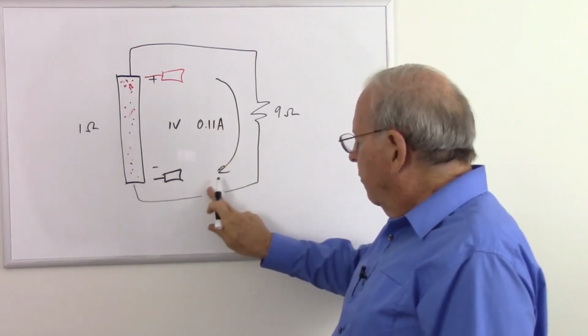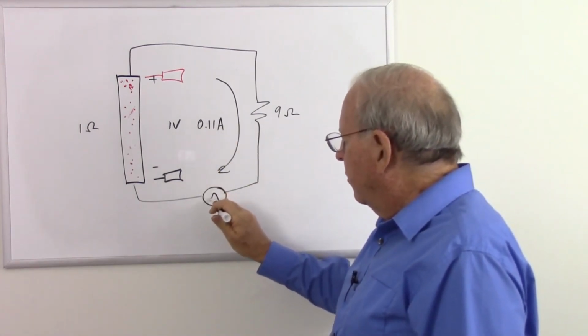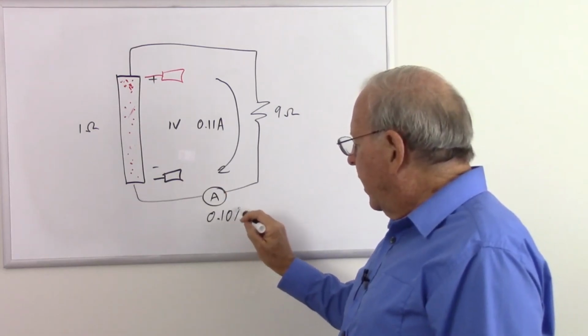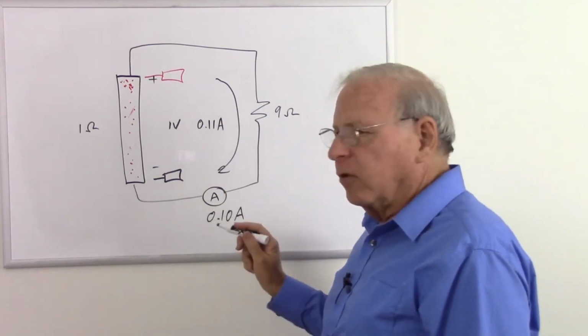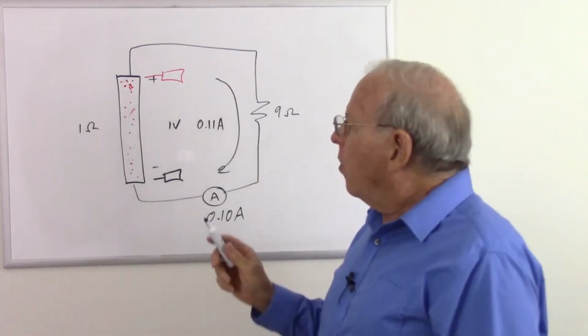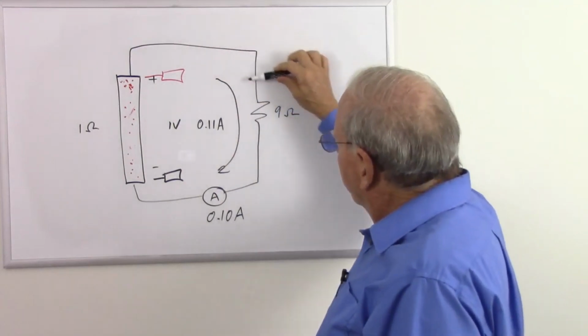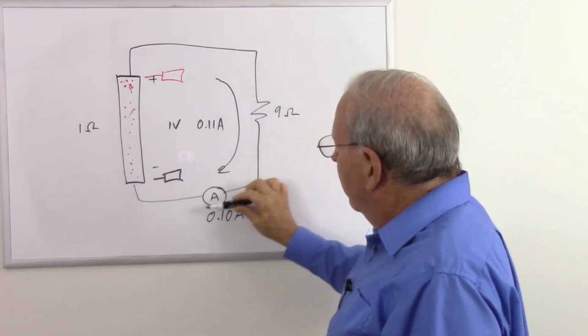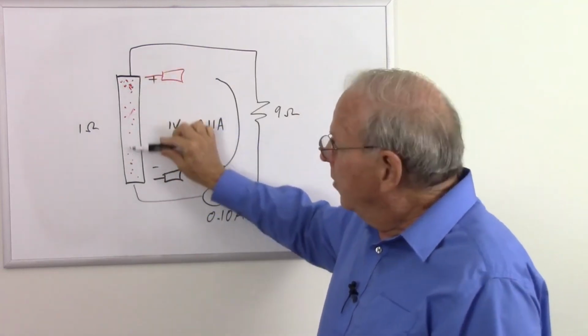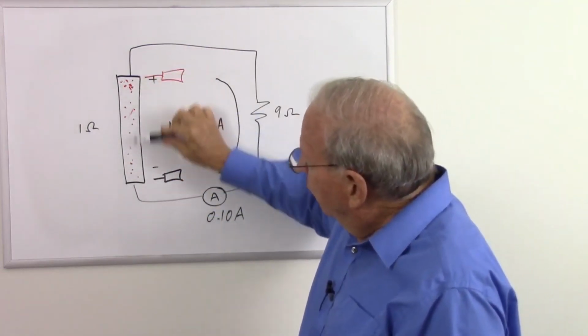So let's put a current meter in there and see what's really happening. There's a current meter, and it reads 0.10 amps. So what's going on there? We have actually a little less current than we expect. Well, the current is not only flowing through this 9 ohm resistor here, but it's flowing in this loop and has to also flow through the 1 ohm of our current source here.